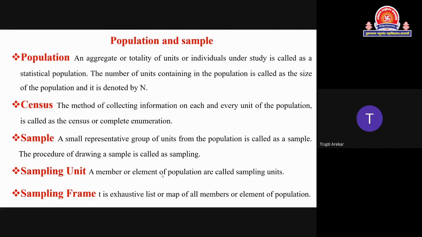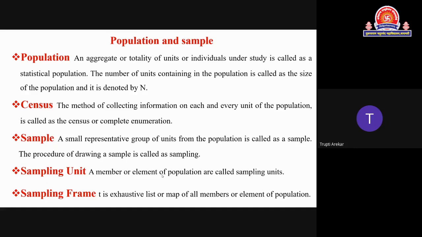For example, in the study of industrial development, all the industries under consideration are the population. In the study of socio-economic conditions of a particular village, all families or houses in the village will be a population. In the study of agricultural yield, all the cultivated farms together will be a population.